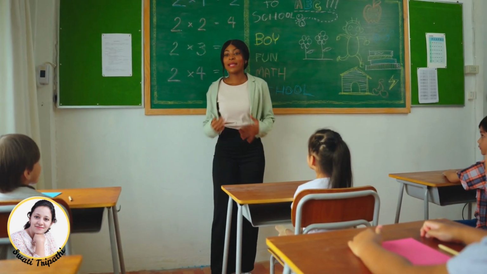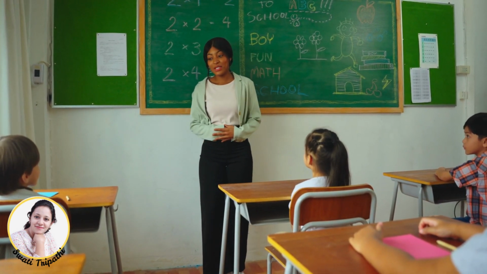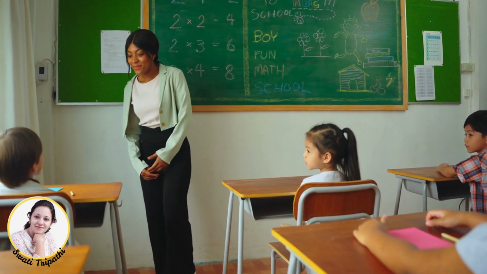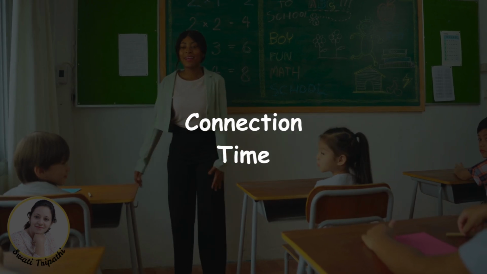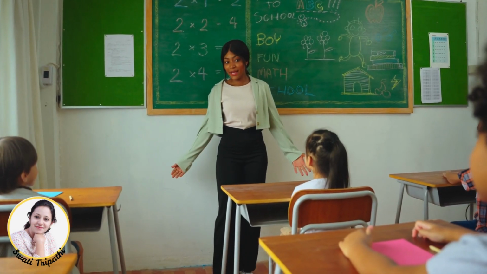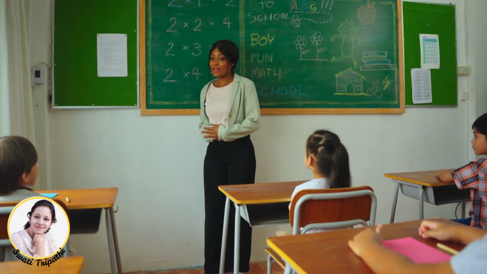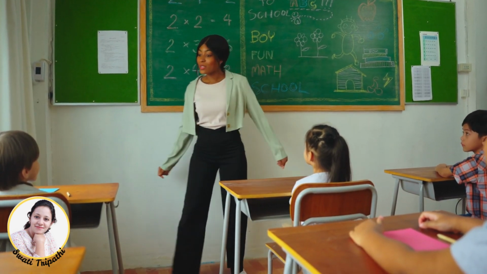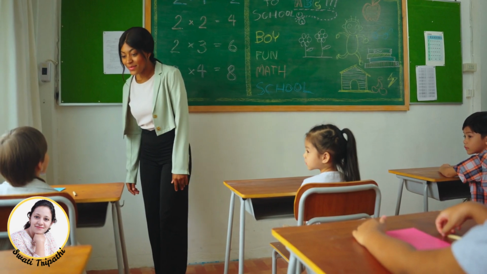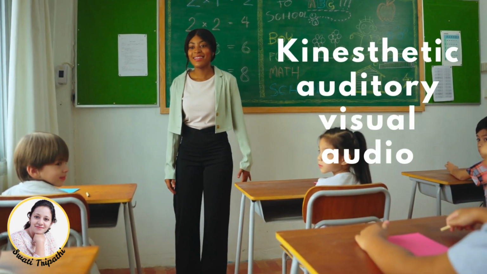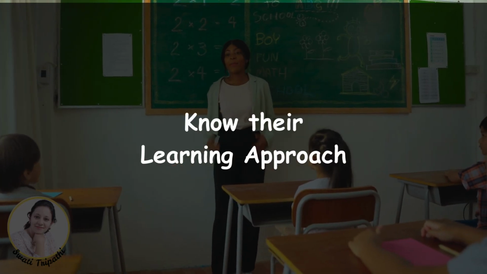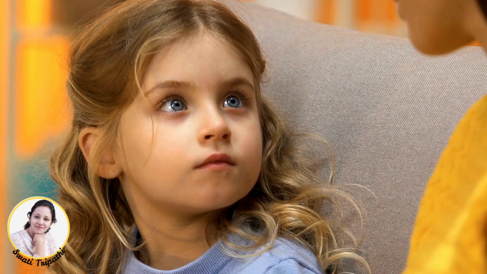In a similar way, when you are starting your classes, when you got assigned to a new class, you go with some kind of connection so that you can understand their learning approach, and based on that you can provide what they were looking for. I have told you the example about the four categories. When you know them, then only you can use it. Okay, so know their learning approach.